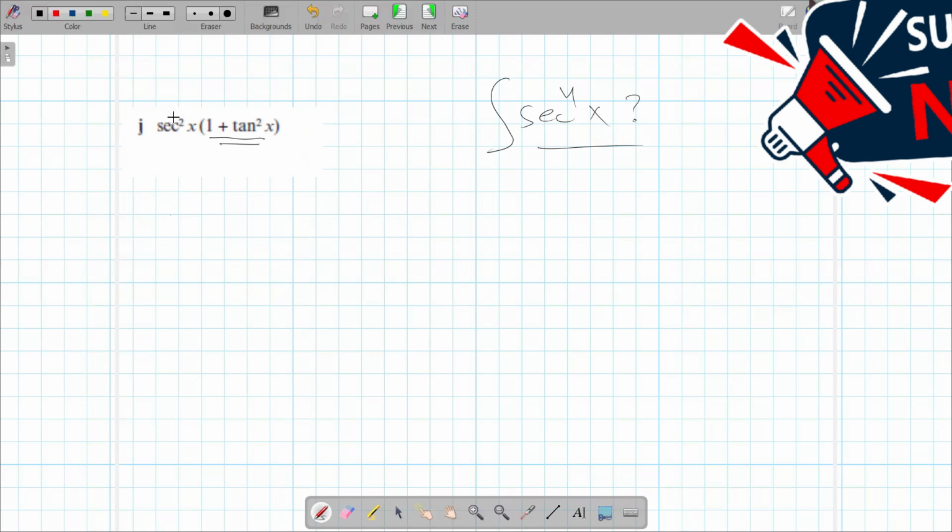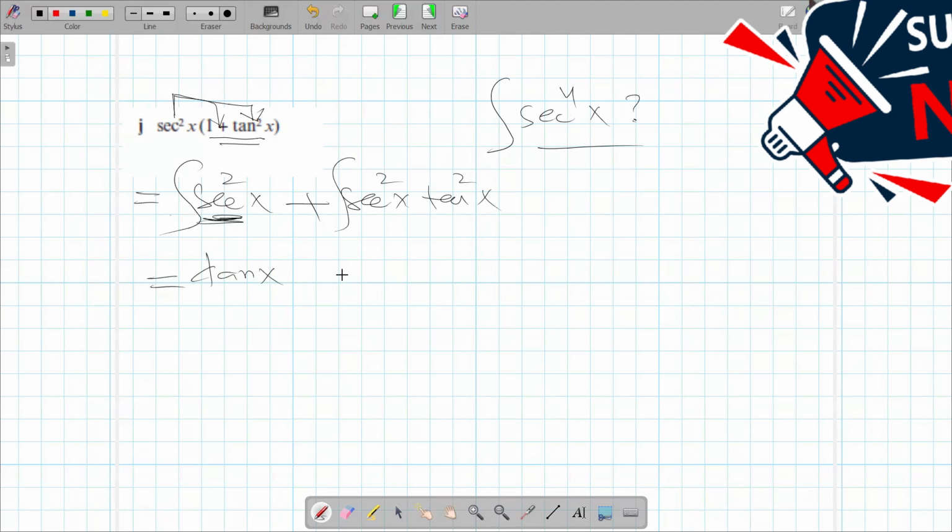So what you will do, you will multiply sec square inside. This will give us sec square x plus sec square x tan square x. So we will integrate both terms. The antiderivative of sec square is tan x. And we just did this: tan cube x divided by 3. You are done.